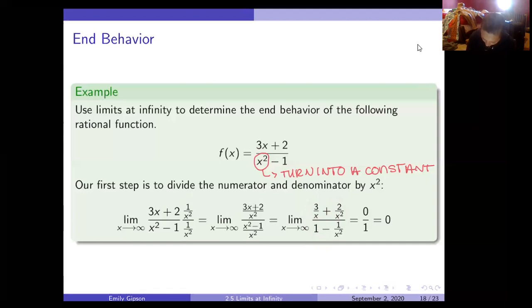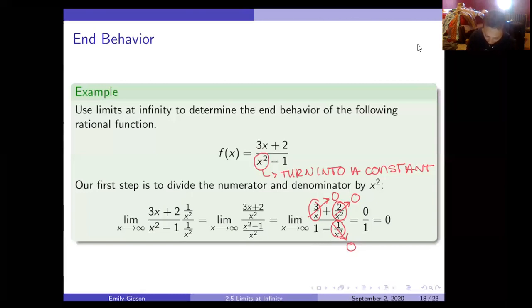So here, this 3 over x is going to go to 0. Our 2 over x squared is also going to go to 0. Our 1 over x squared is going to go to 0. And that's the power of dividing everything by x squared. We're left with 0 in the numerator divided by 1 in the denominator. 0 divided by 1 is 0.